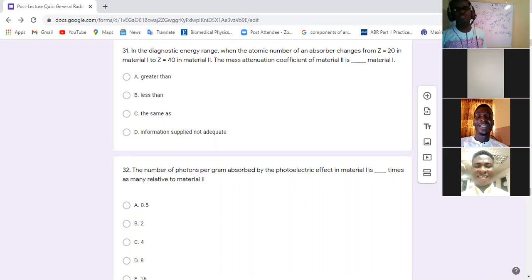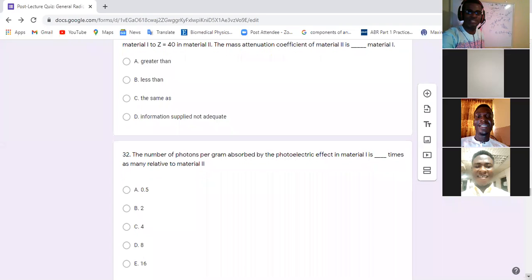It's either 20 over 40, which is half, raised to the power 3, giving us 1 over 8, or 40 over 20, which is 2 raised to the power 3, which is 8.